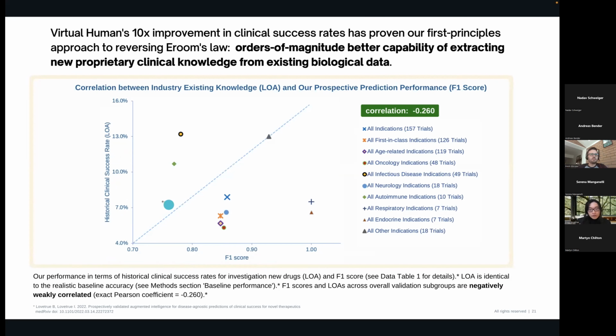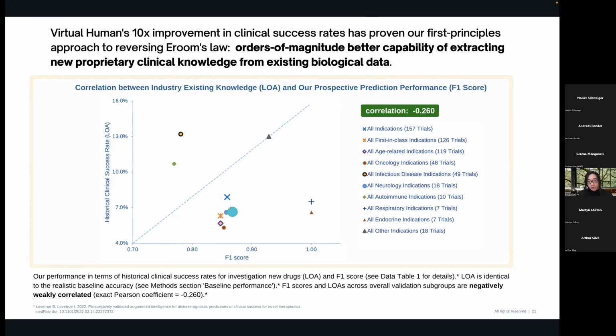So this actually means that if we view the historical clinical success rate as a measure of the existing knowledge in the literature that can be leveraged for drug discovery and development, our improvement is not related or correlated with existing knowledge.